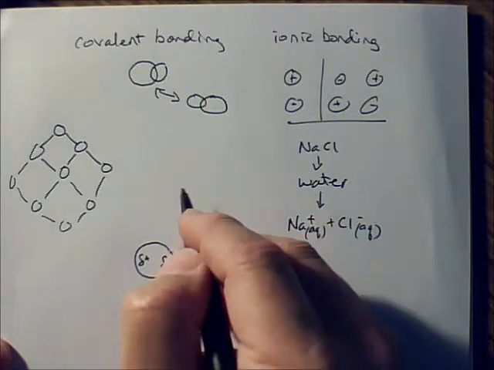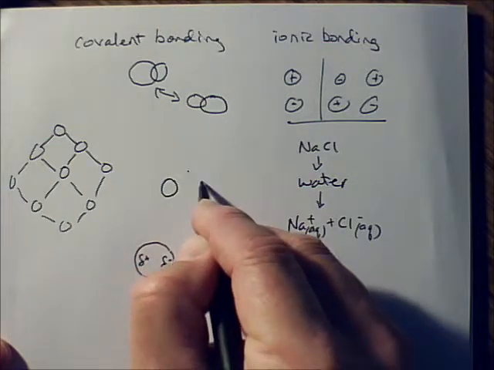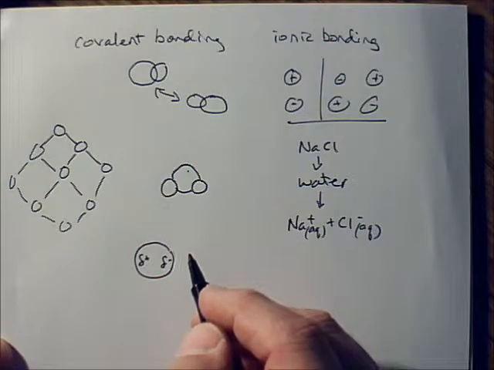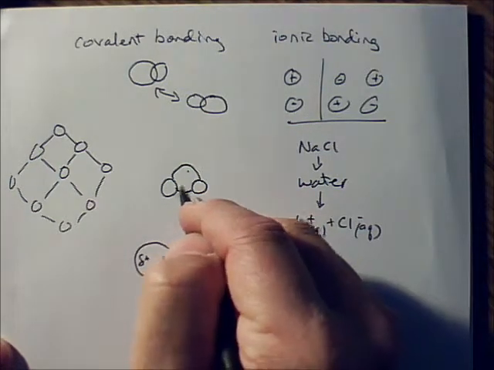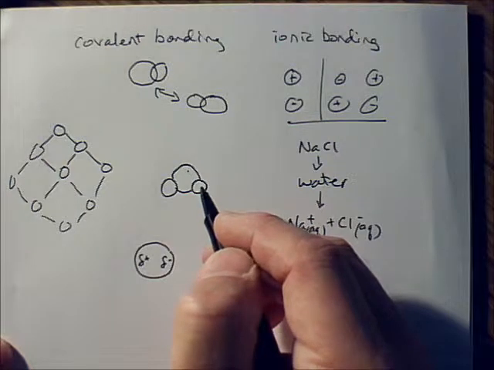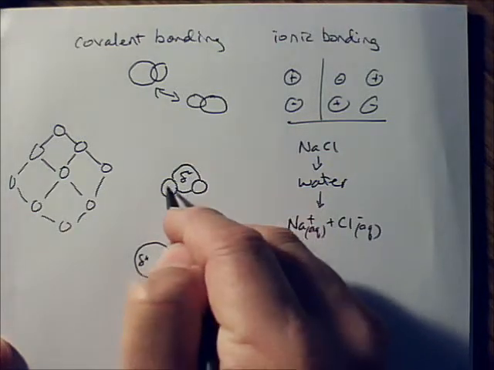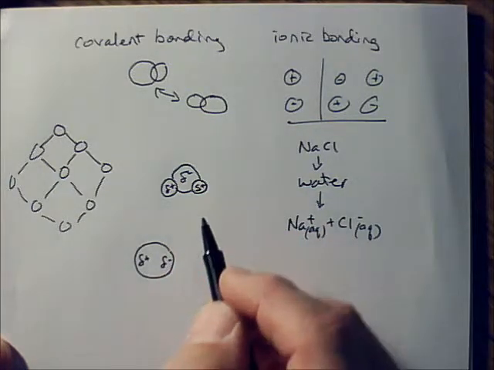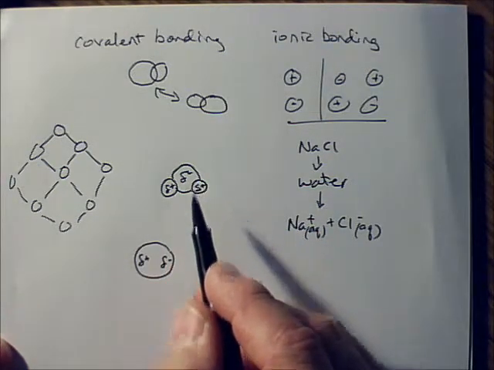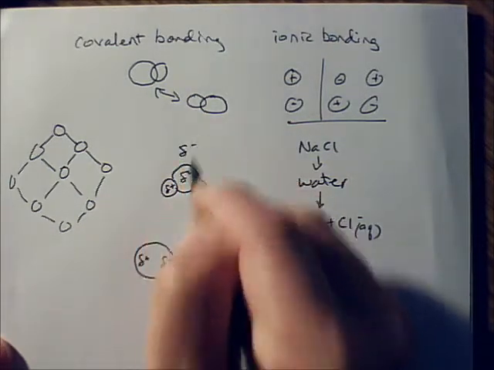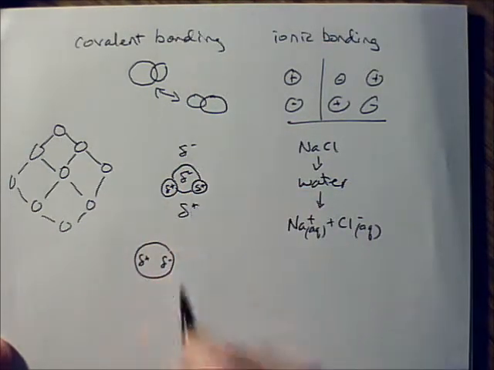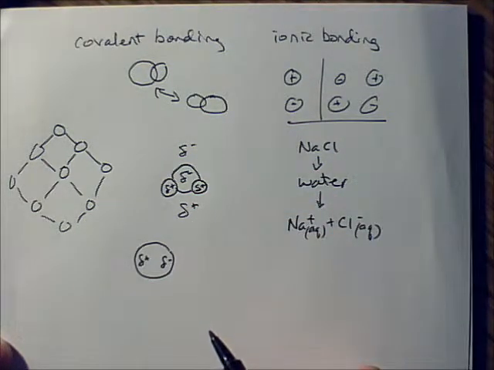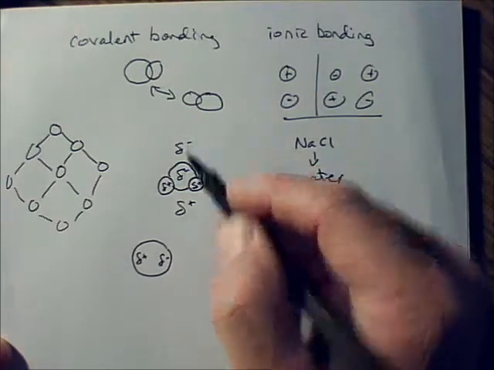Remember, water had two hydrogen atoms covalently bonded to an oxygen atom, and the oxygen atom is more electronegative, and the hydrogens are more electropositive over here. So this is a polar molecule, where this end is partially negative and this end is partially positive, making it polar, two poles. Those are called dipoles, because you have two poles.